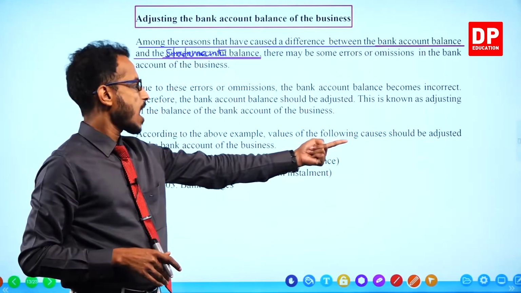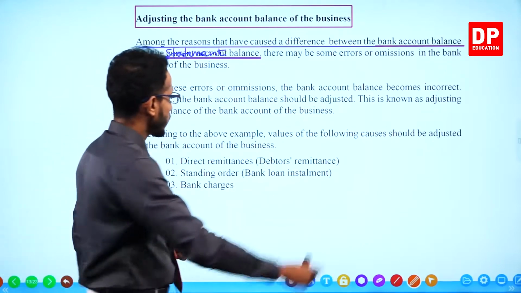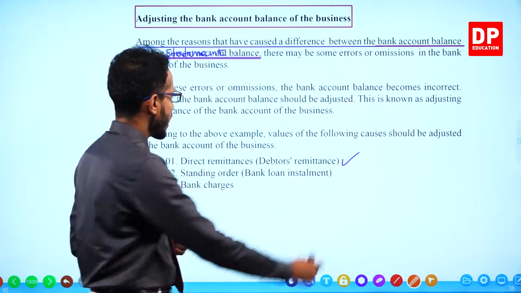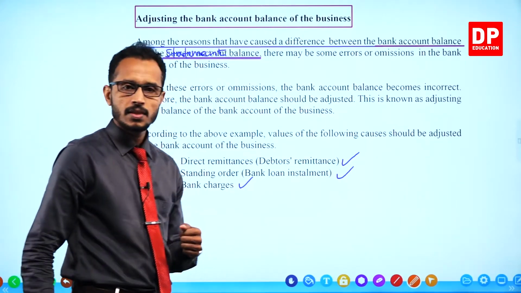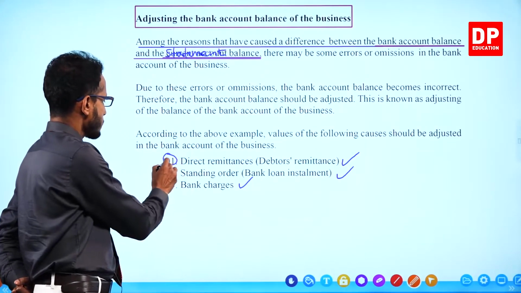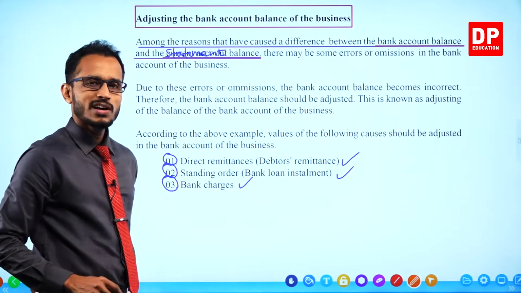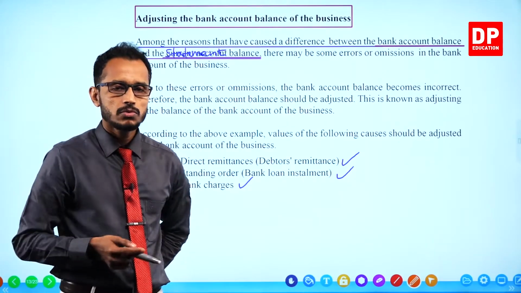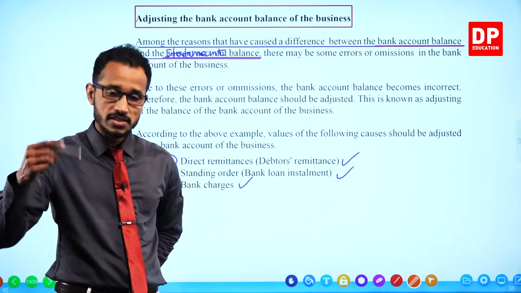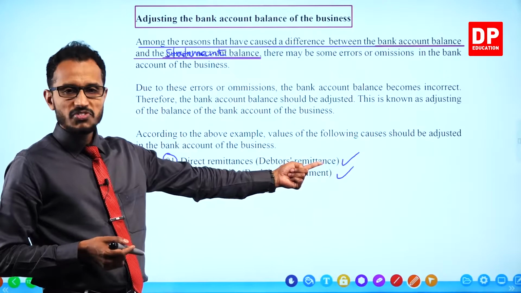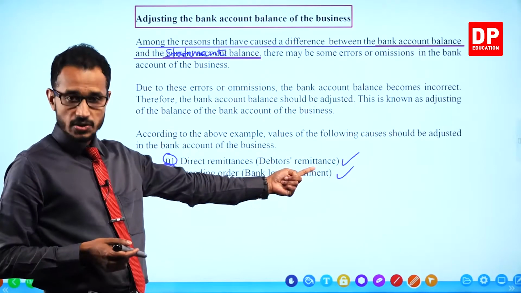These are the missing items. Direct remittances, standing orders, bank charges. Children, those who watched the previous video, you must be familiar with these three. We found these three.